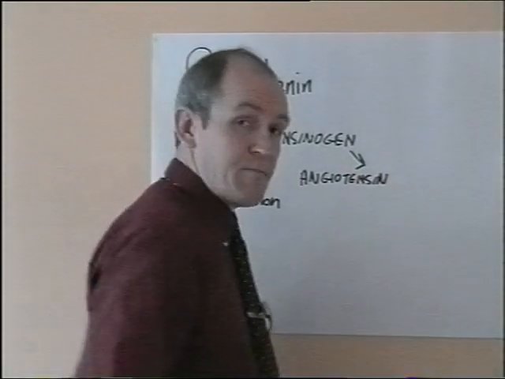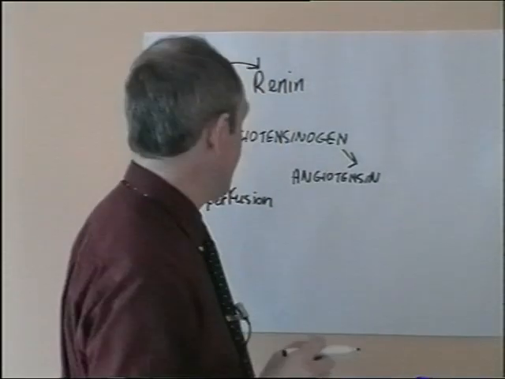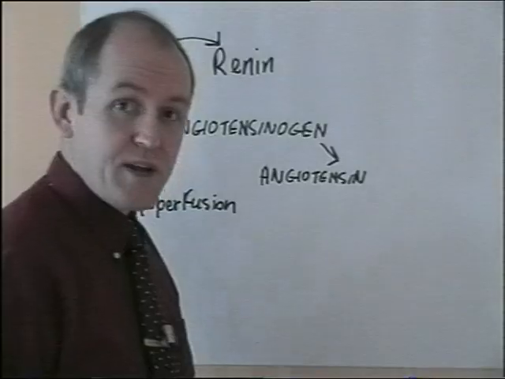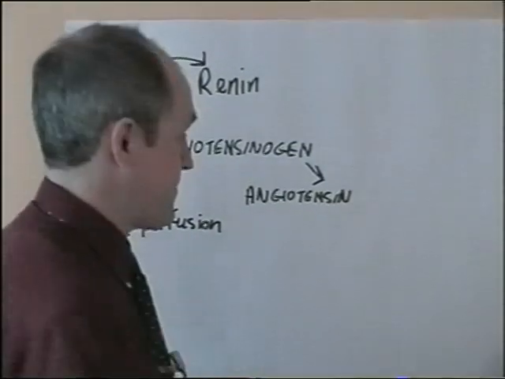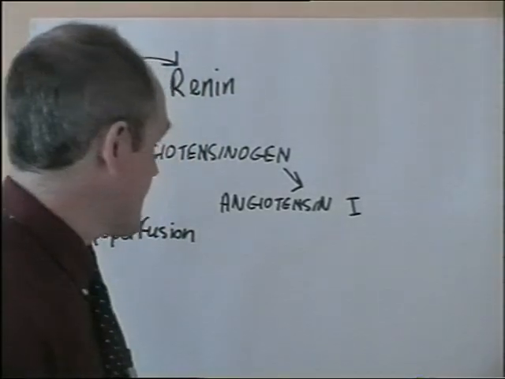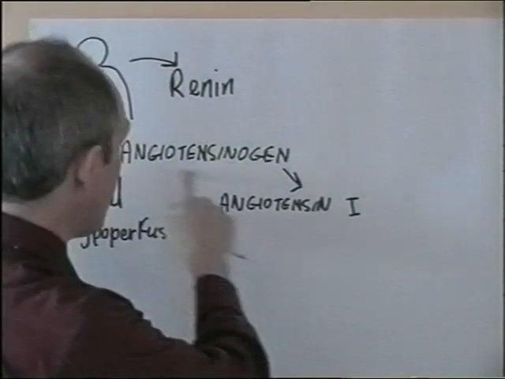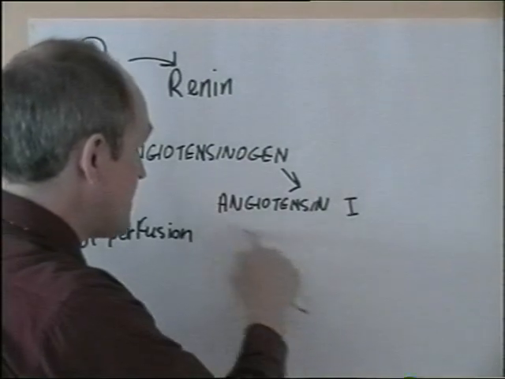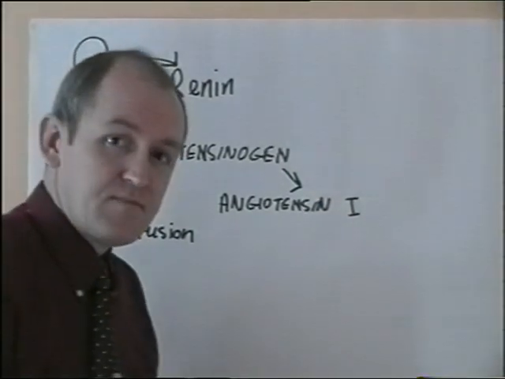and in fact the type of angiotensin that angiotensinogen is converted into is called angiotensin 1, the first type of angiotensin. This is a protein, the angiotensinogen is a protein. Angiotensin is a peptide, it's a polypeptide.